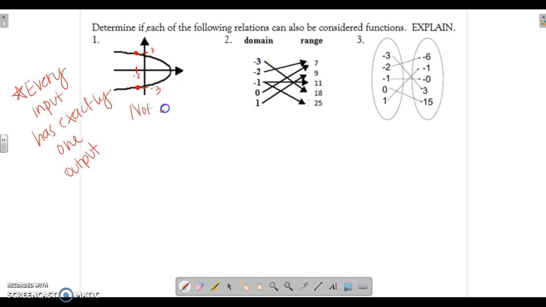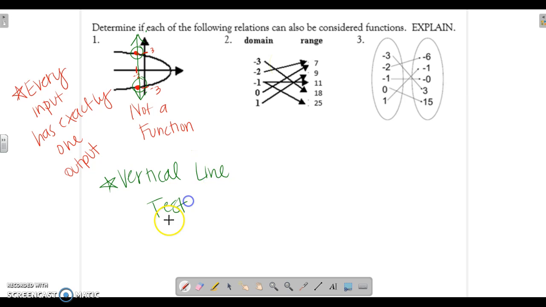Now, another way to quickly determine if something is a function is with the vertical line test. And you've probably heard of that before, but it's basically, can you put a vertical line on the graph? If the vertical line crosses more than one time, it is not a function. Okay, so the vertical line test determines if something is a function.